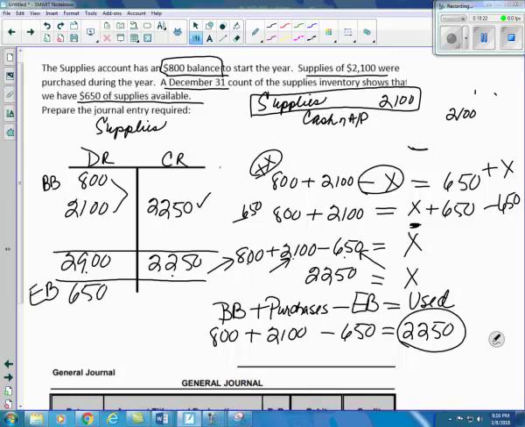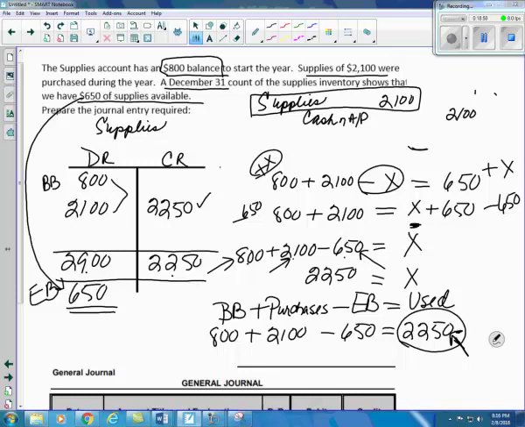So I have now double-checked my figures because isn't that what they told us in the problem? We had $650 of supplies left. So if we plug our answer over here, our $2,250, into a T account with the other amounts that we know, we can check ourselves and determine whether we are correct or not.